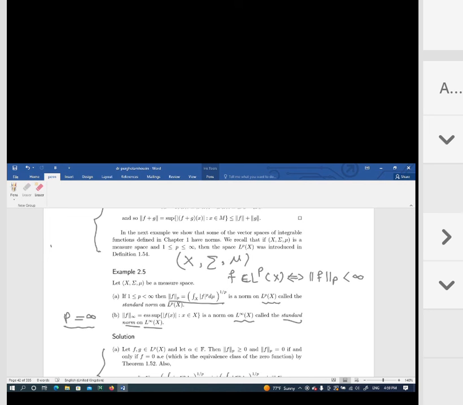In a measure space, for p from 1 to infinity, the norm of f is defined as the integral over X of the absolute value of f to the power p dμ, and the whole integral to the power 1 over p. This is a norm on L^p(X). Again, it is called the standard norm on L^p(X).